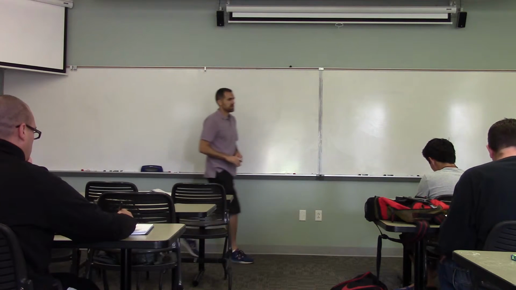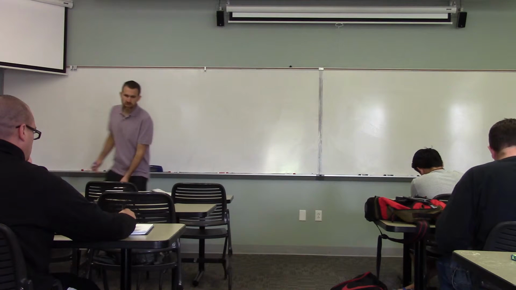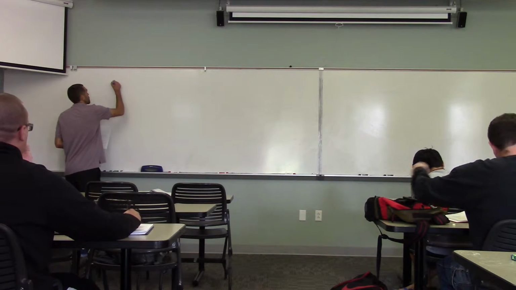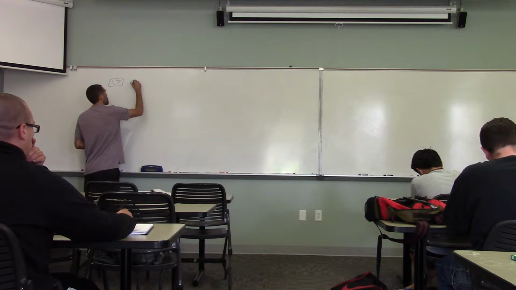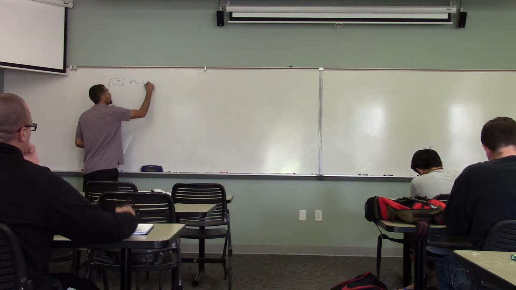All right, so 1.7, multiplication and division of real numbers. We're going to talk about the golden rule in math, which is the only one I can think of that is never broken.